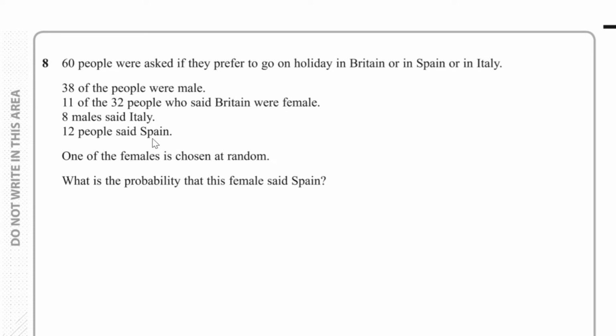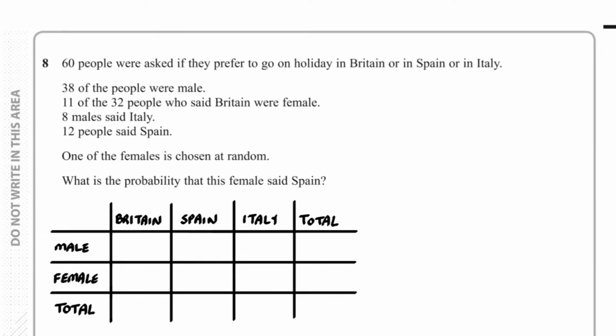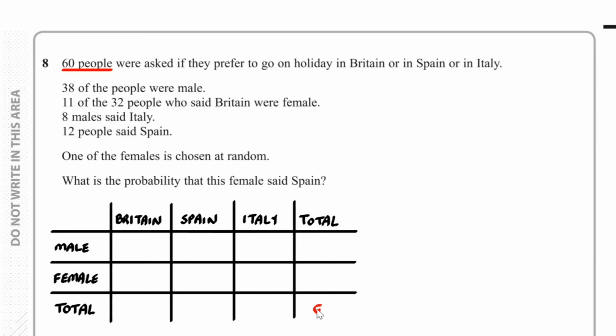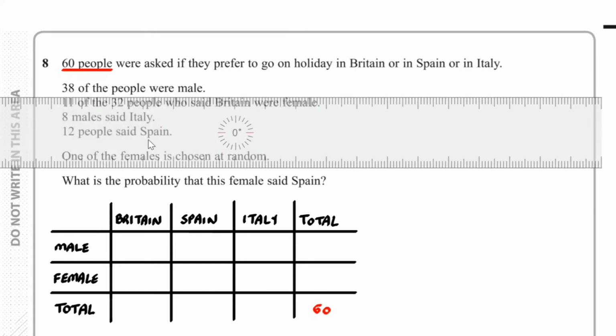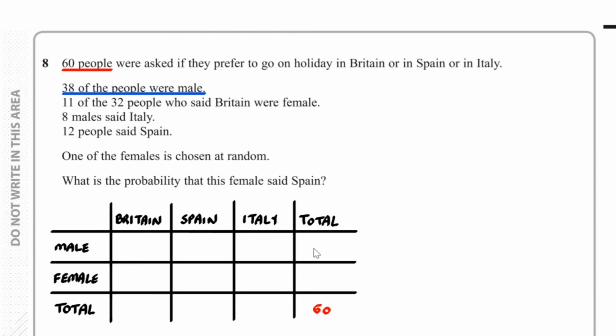Well, to do this, we need to recognize we've got two categories: gender, male or female, and country, Britain, Spain, or Italy. And so if we were to create our two-way table, here we have the categories, and notice we've got the totals shown here. Now, we know already that 60 people were asked altogether. So 60 goes here. We also know that 38 of the people were male. So in total we have 38 males.